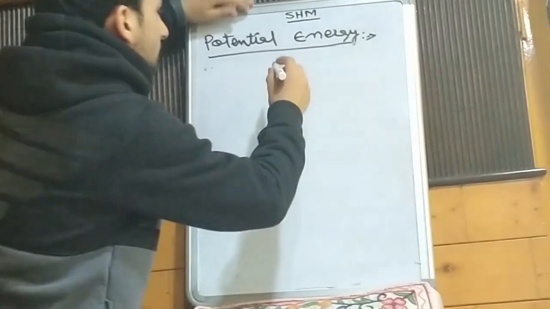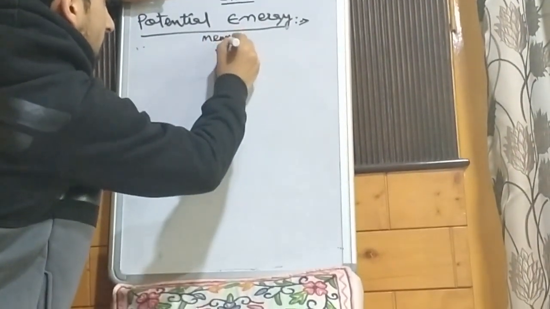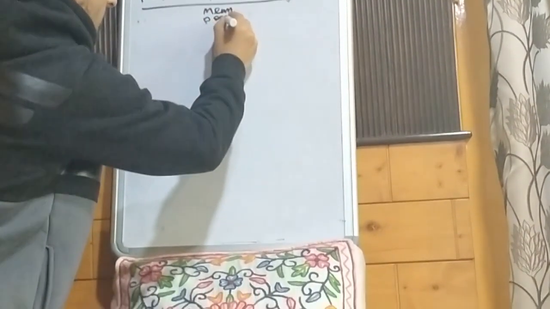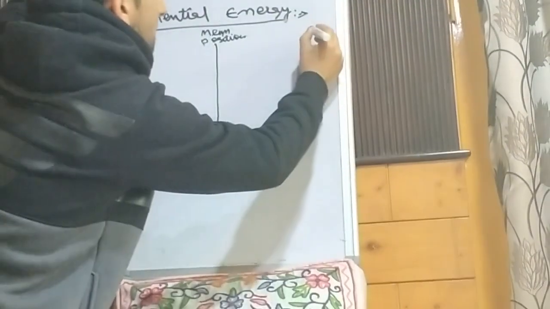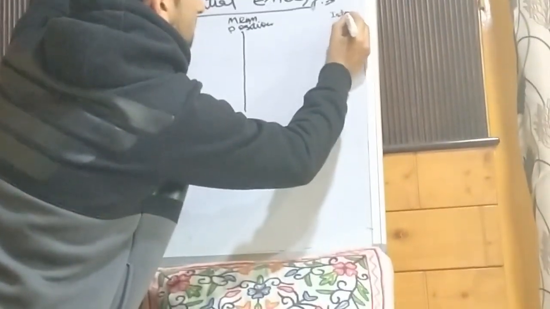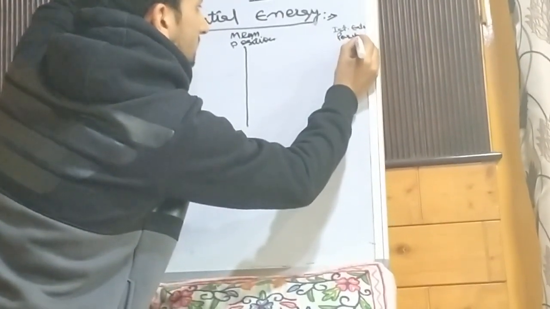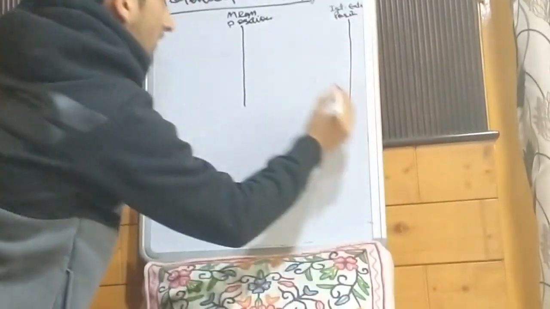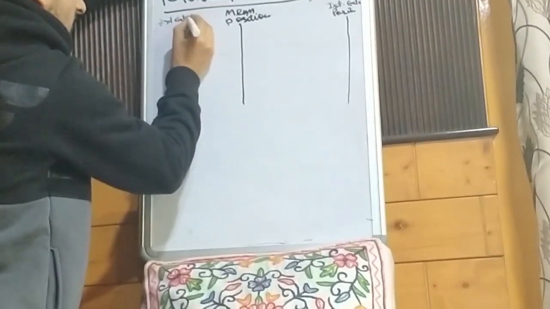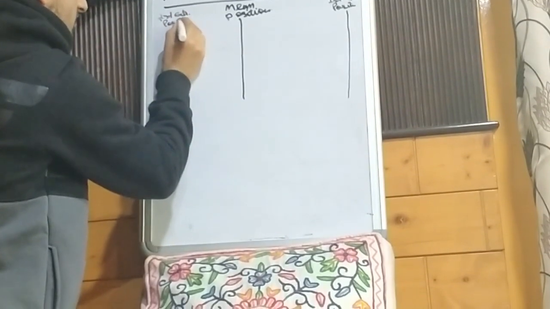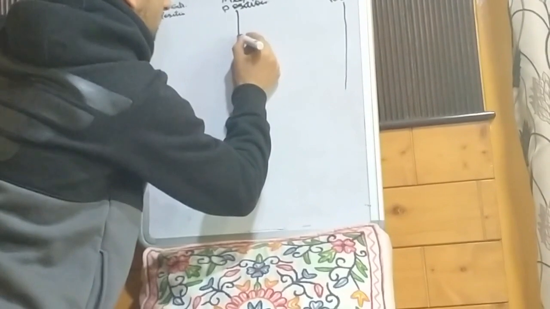So let us suppose this is the mean position, and this is the first extreme position, and this is the second extreme position, and the particle starts from the mean position.